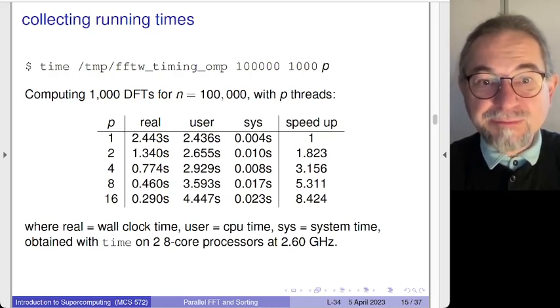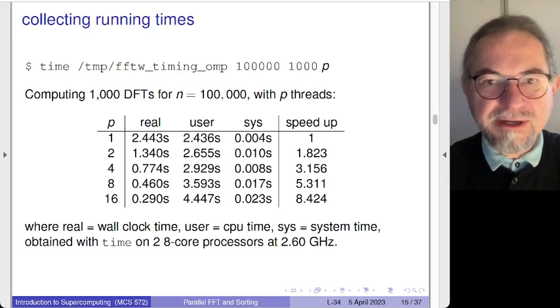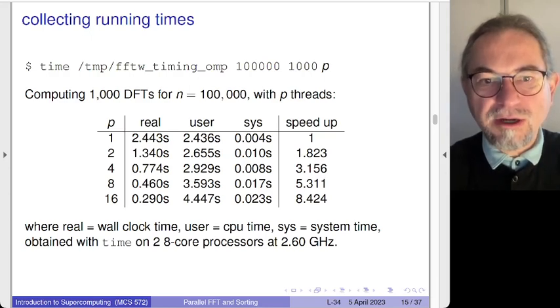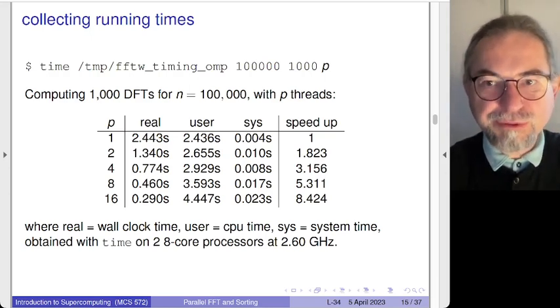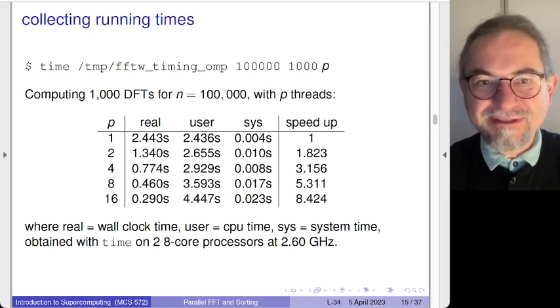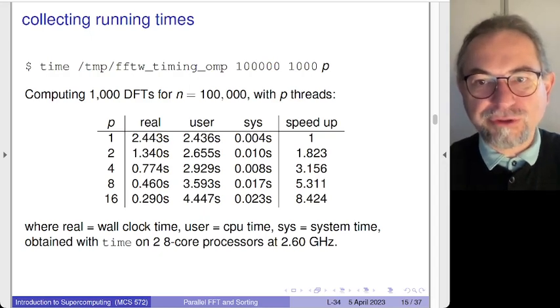And then we have the system time. Yes, I actually used the wall clock time. The user time is actually not useful here, for obvious reasons, because the user time goes up, as it counts the total CPU time. It's not the reported clock time.